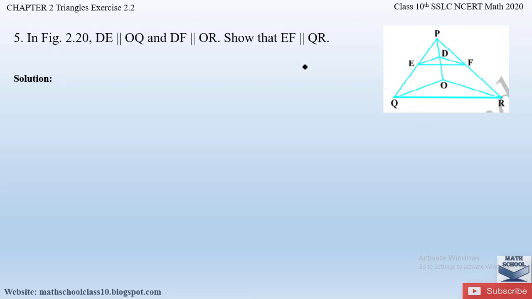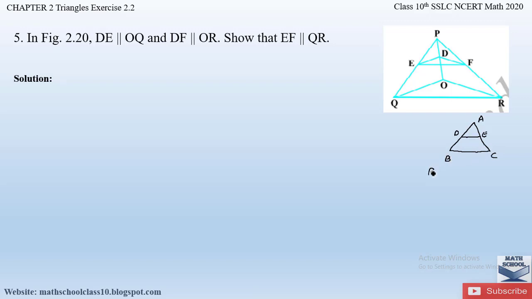In my previous videos, I have told you that you have to learn theorems 2.1 and 2.2, that is the BPT theorem and the converse of the BPT theorem, in order to solve this exercise 2.2. So let me recall first the BPT theorem. For example, if you have a triangle ABC and a line DE intersecting two sides of the triangle and parallel to BC.